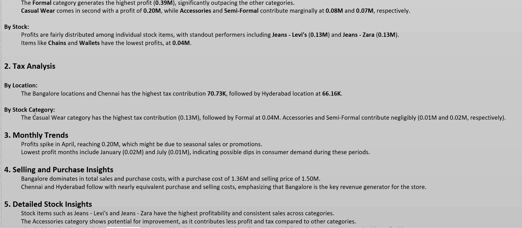According to stock category, the casual wear category has the highest tax contribution, which is 0.13 million, followed by formal at 0.04 million. Accessories and semi-formal contribute negligibly, which is 0.01 million and 0.02 million respectively.